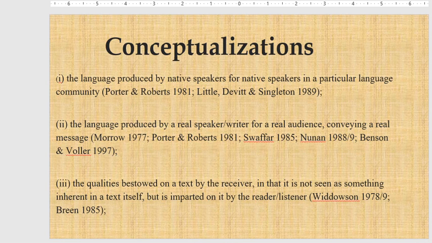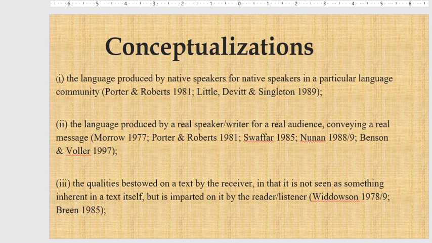Yes, all authentic messages should be interacted with successfully by readers and listeners. But this definition is a little bit not simple or reader friendly. But the meaning is this one.